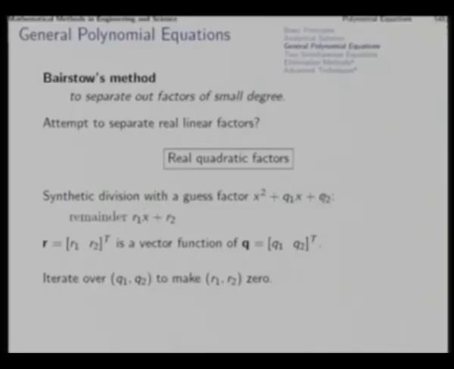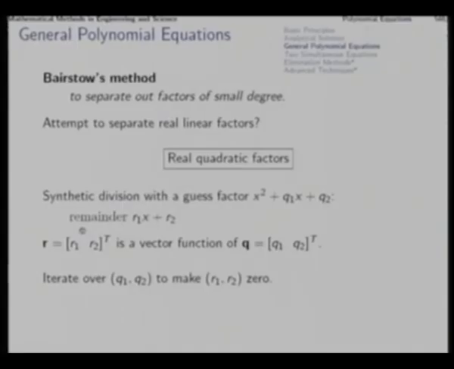If we choose different q1, q2 values, then we will get different r1, r2 values. So, we can say that this vector r1 r2 is actually a function of this vector q1 q2. That means this r is a vector function of this vector variable q. This also has two members, this also has two members.